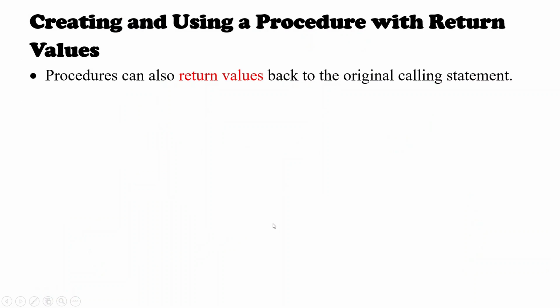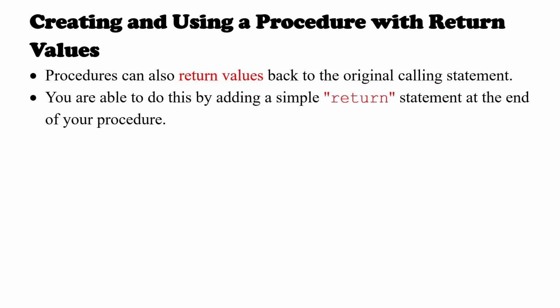The last type of procedure we're going to talk about is a procedure with return values. So a procedure can return values back to the original calling statement, and you can return values with or without parameters. Okay, so maybe your procedure has parameters, you can return something, maybe it doesn't, you don't have to return something.